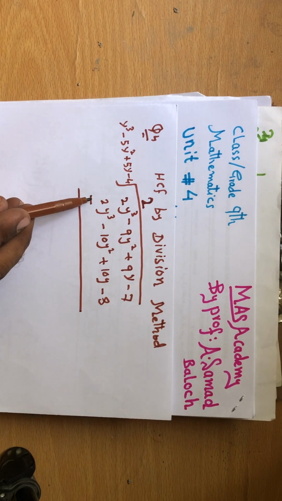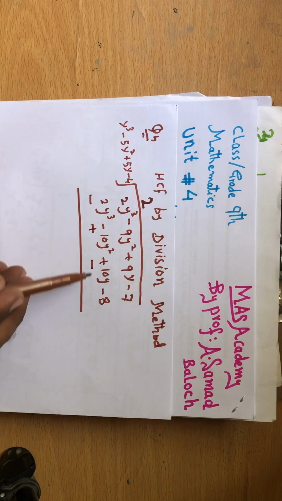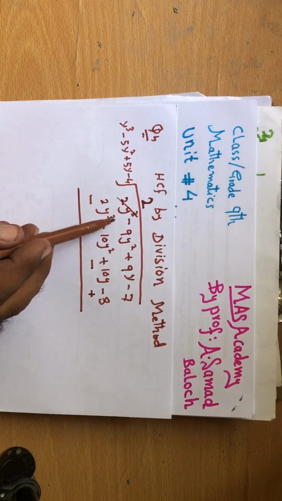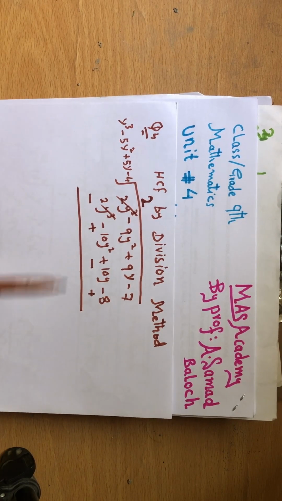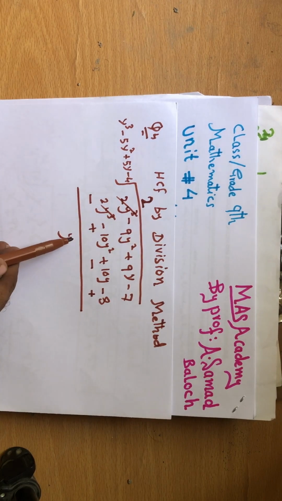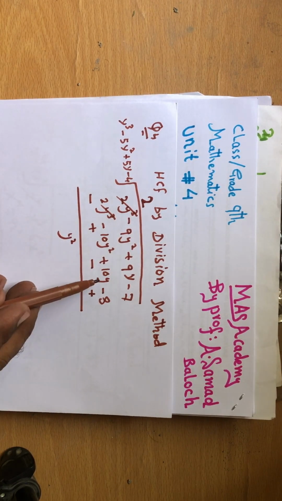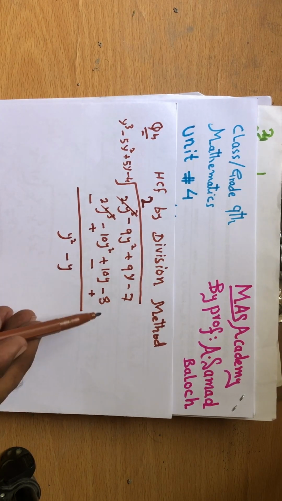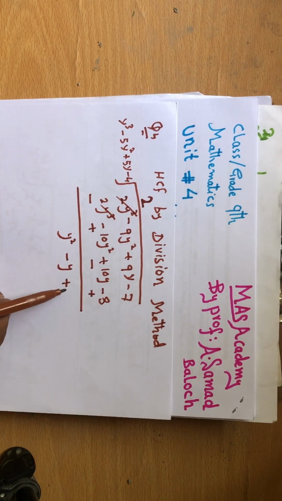So we are changing the sign: plus becomes minus and minus becomes plus. This is the rule of changing sign. If the terms and coefficients are the same, they will cancel. First, 2y cube got cancelled. Now minus 9y square plus 10y square, only 1y square is left; plus 9y minus 10y, minus y is left; minus 7 plus 8, just plus 1 is left.